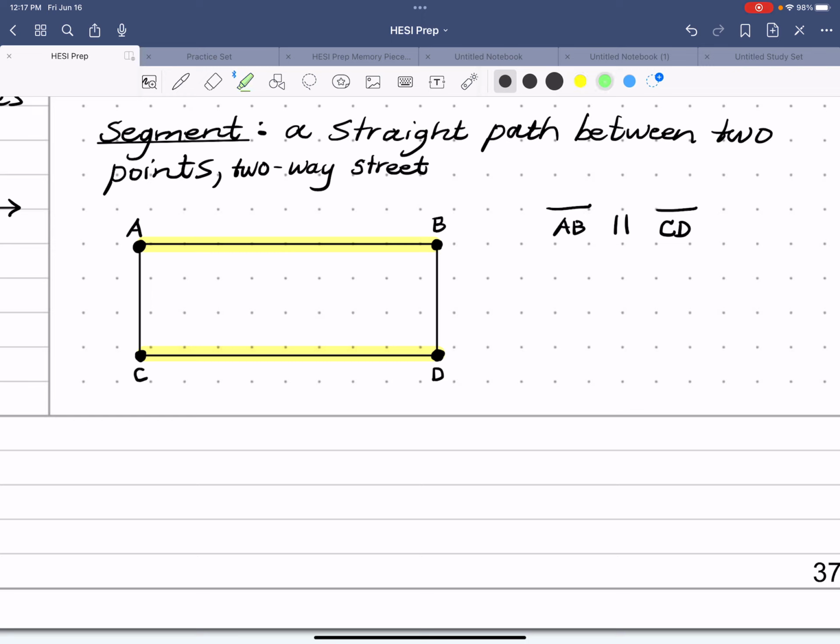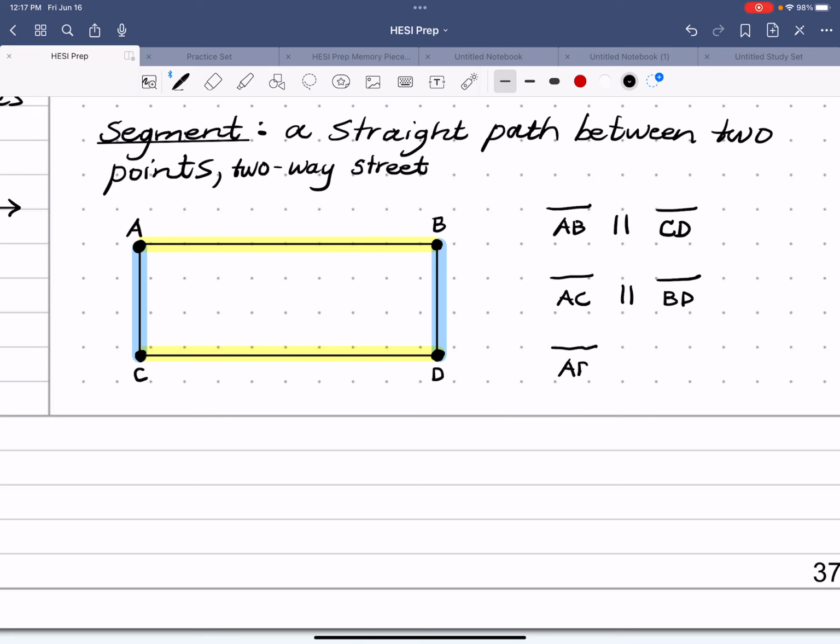But on this one, let me highlight a different color. Let's look at segment AC and segment BD. Those are parallel. Segment AC will never touch BD. But what would you say about this?